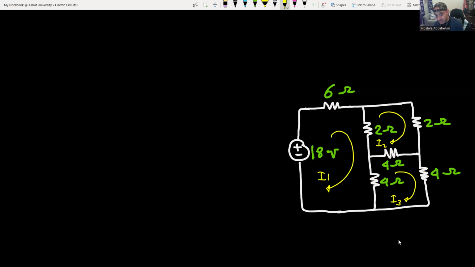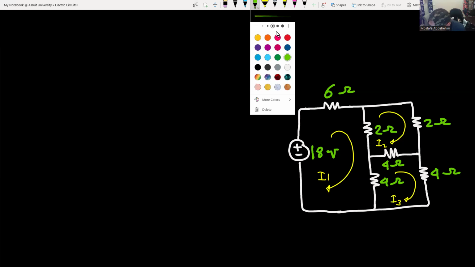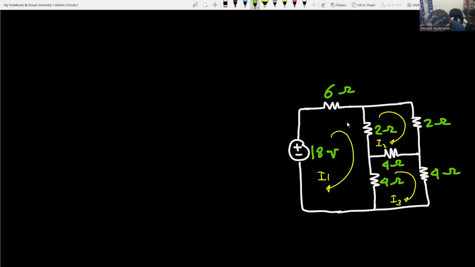Just as a side note, what is the difference between a mesh and a loop? A loop doesn't have the restriction that it cannot contain a mesh inside. So, for example, this one here, that's a loop.